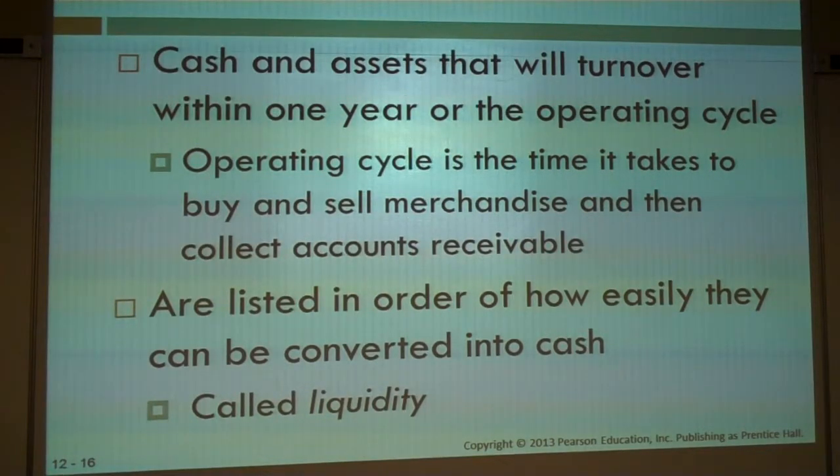Okay. When we talk about current assets, cash and assets that will turn over within a year, or whatever the accounting cycle or operating cycle is, and the operating cycle is the time it takes to buy and sell merchandise and then collect the accounts receivable.